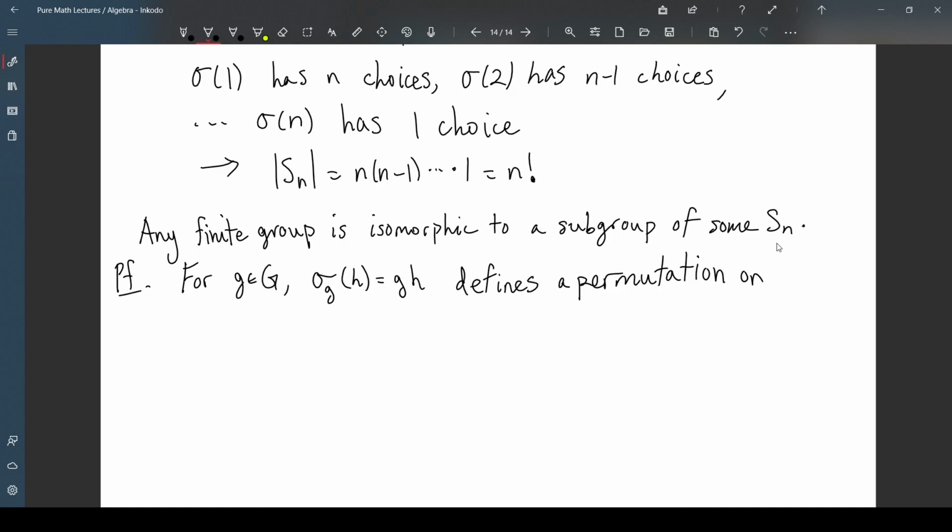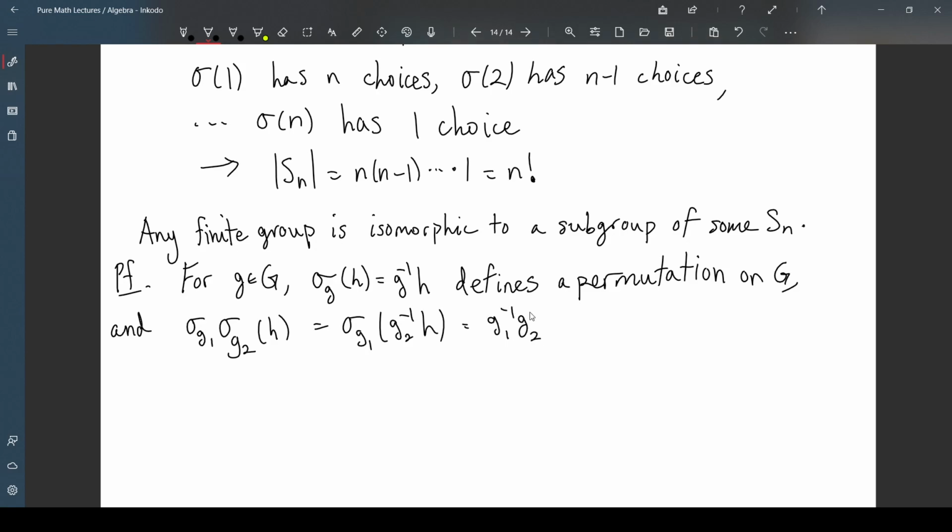Sorry, I'm blanking out. Actually, I think the way you want to do it is like g inverse h defines a permutation on G, and let's take sigma g1, sigma g2, h, you get sigma g1 of g2 inverse h, which is going to be g1 inverse g2 inverse h.